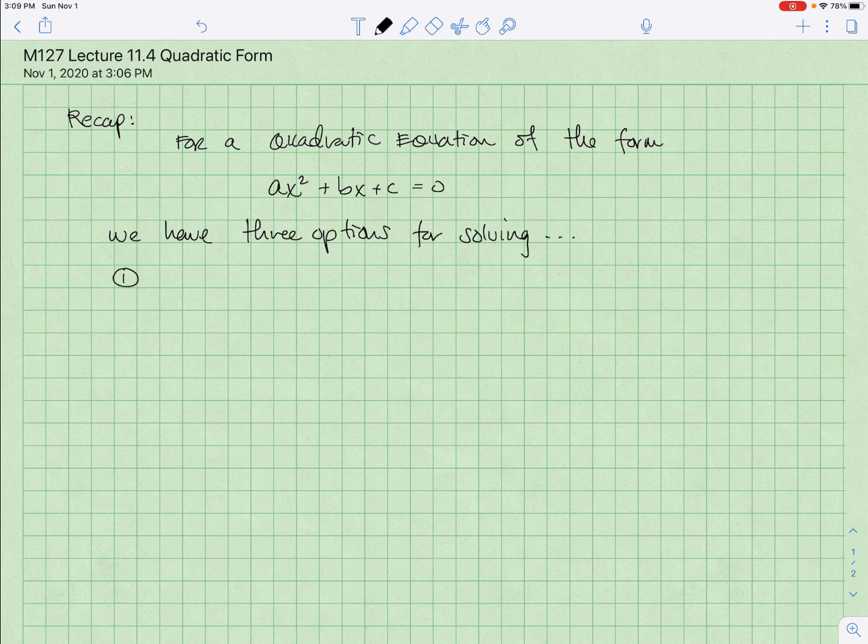One, if you can, factor into a product of binomials and then use the zero product property.